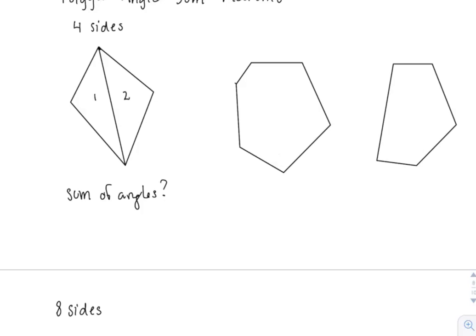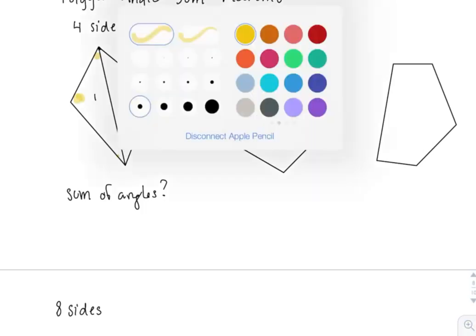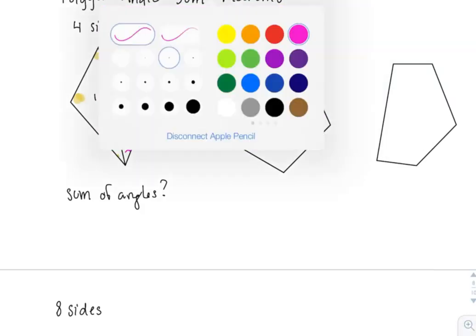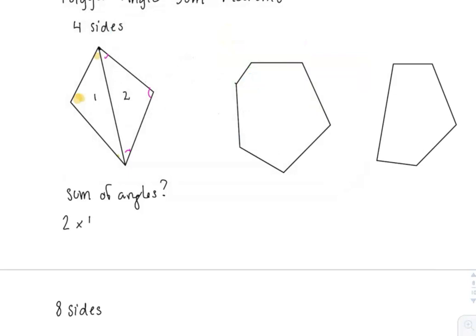And I know that these 3 angles will add to 180. These 3 angles will add to 180. To find the sum, all I have to do is 2 times 180, which would be 360. So this goes for any 4-sided polygon. Your total angle measures are going to be 360.